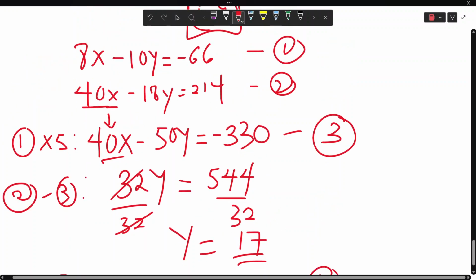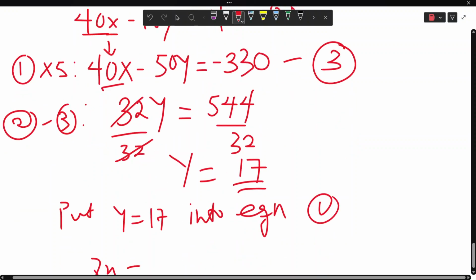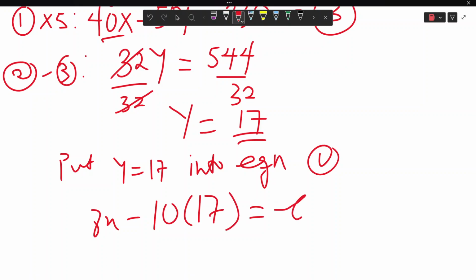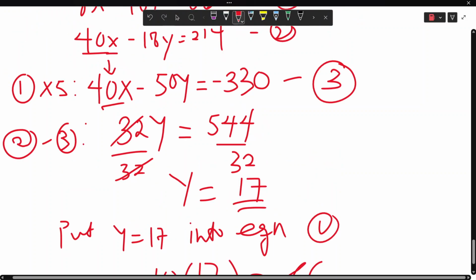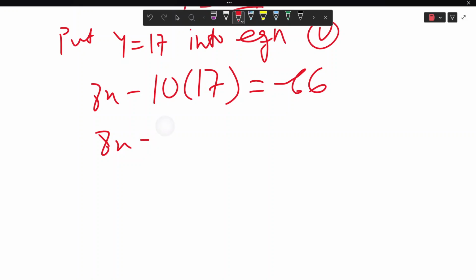Equation 1 is 8x minus 10y, and y is 17, equal to negative 66. So we have 8x minus 170 equal to negative 66.